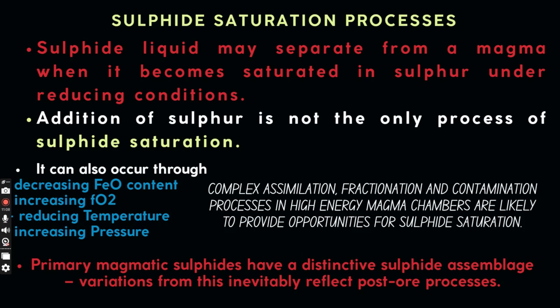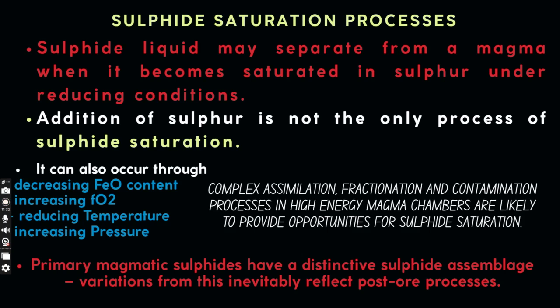So overall, addition of sulfur is not the only process of sulfide saturation. In reducing conditions, decreasing FeO content, increasing partial pressure (fugacity) of oxygen, reducing temperature, and increasing pressure are also sometimes important factors.